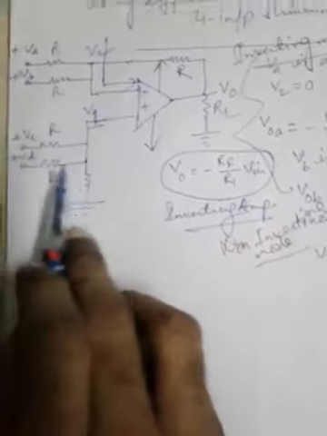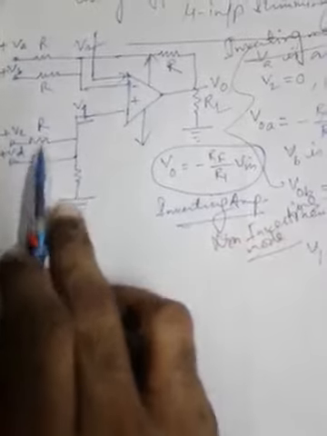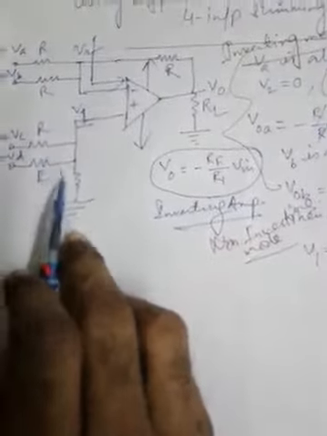This R by 2 and this R are in series, so applying the potential divider rule, we can write this.